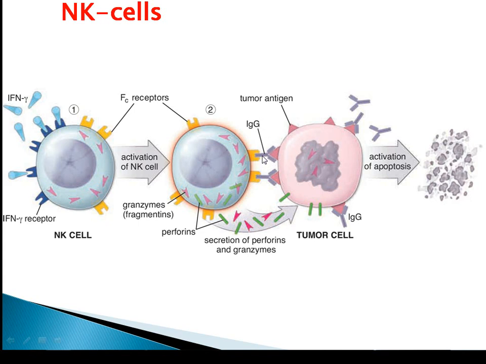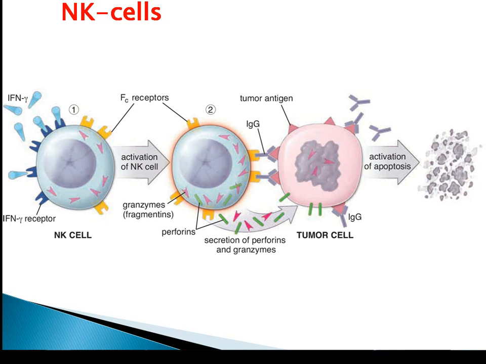When immunoglobulin G binds to this NK cell, and the other end of immunoglobulin G binds to the virally infected or tumor cell, the natural killer cell becomes activated. This mechanism is called antibody-dependent cellular cytotoxicity.